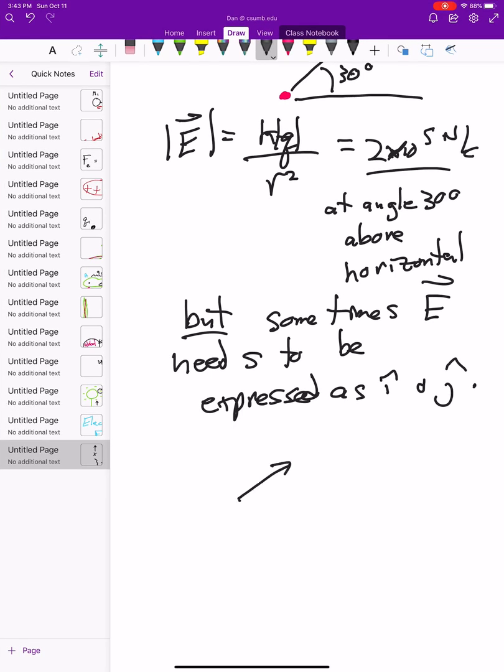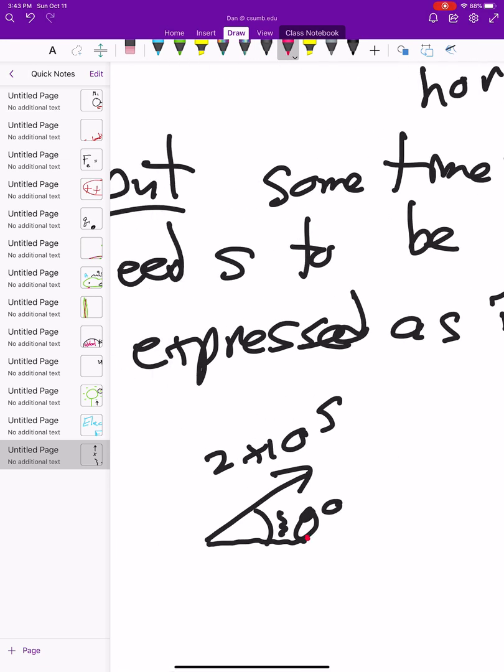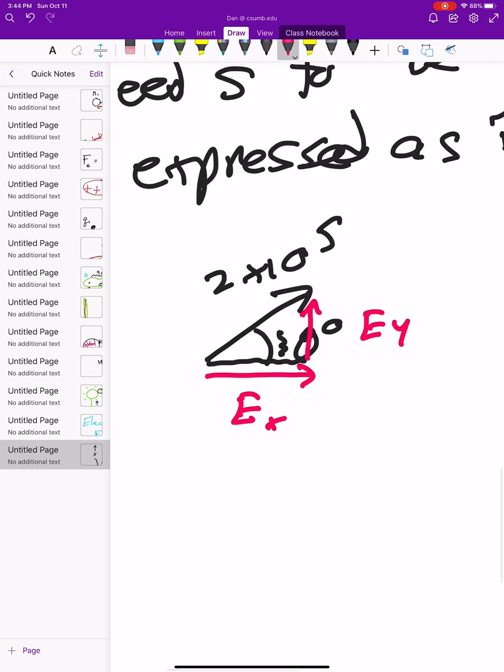So here's my vector, 30 degrees above horizontal, and it has a value of 2 times 10 to the 5th. What I need to do is determine its y component and its x component. I'll call this Ex, and I'll call this one Ey. This is in units of newtons per coulomb.